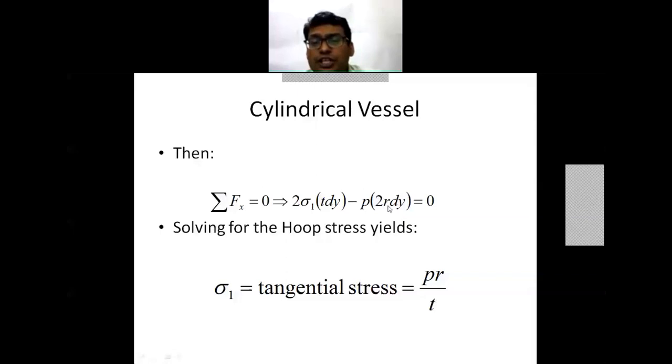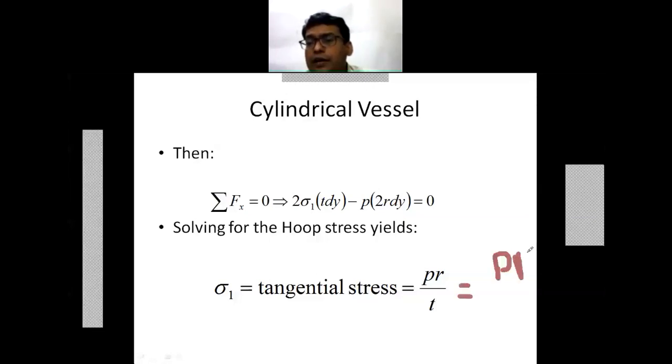So the tangential or the circumferential stresses or the hoop stresses is equal to pr upon t, and this is nothing but equal to pd upon 2t. So these are your circumferential stresses or the hoop stresses.